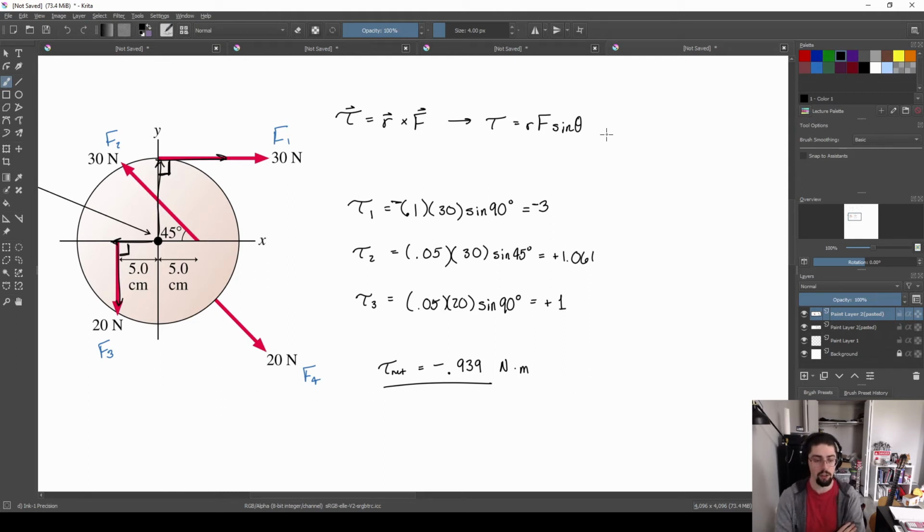Which is much easier to just look at the picture and say, hey, is it going to be spinning clockwise or counterclockwise? But the right-hand rule would tell us this in the exact same way, what direction it would be going.